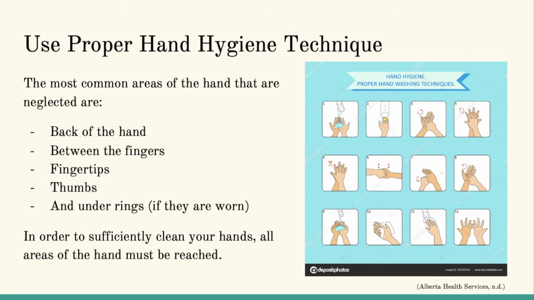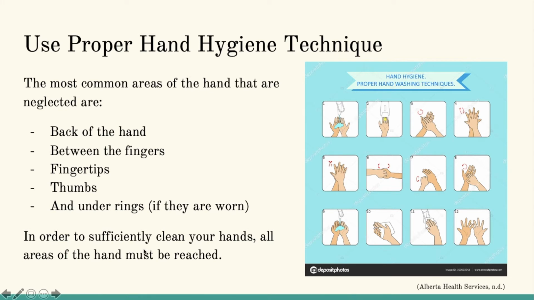So it's preferable not to wear any hand jewelry, but AHS does say that plain bands are okay, just because I think there's fewer corners and divots and little spaces for bacteria to grow. It's a little bit easier to clean. But remember to clean underneath your hand jewelry if you have it, or preferably don't wear any at all.